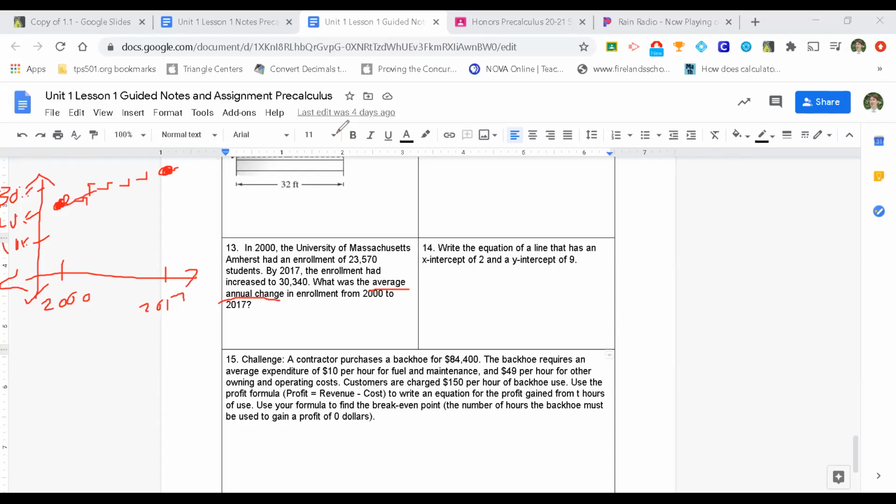The average of all those things should end up being the same as the total amount we went over compared to the total amount we went up, or the run compared to the rise. So this question is a secretly disguised what's the slope question. This question is, what is the slope?